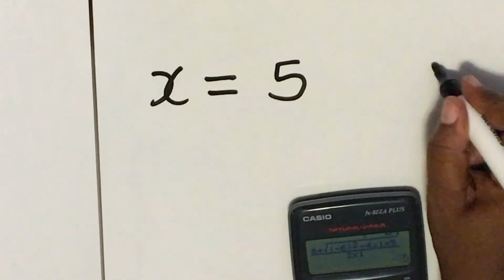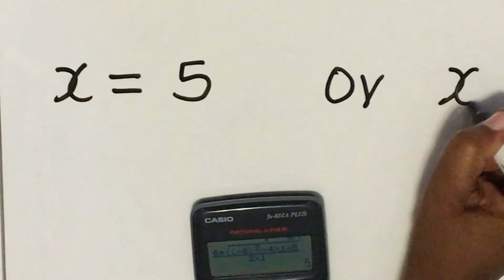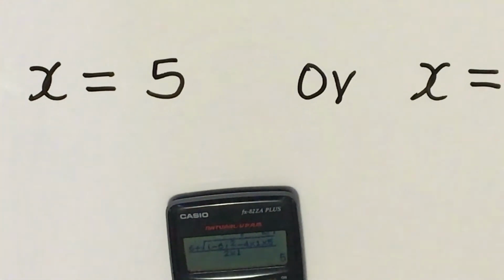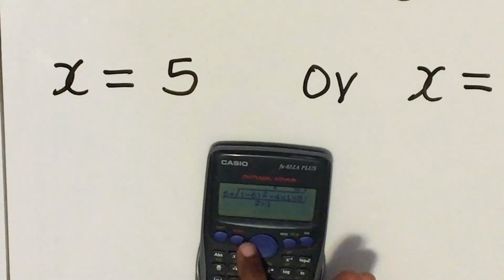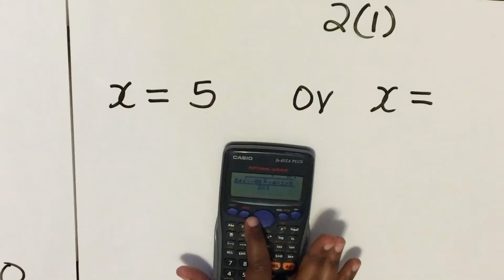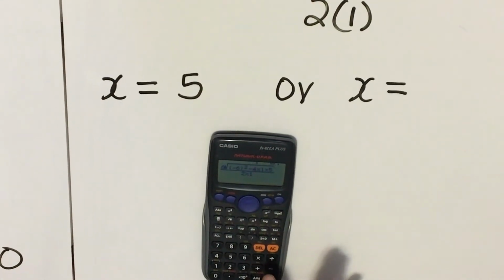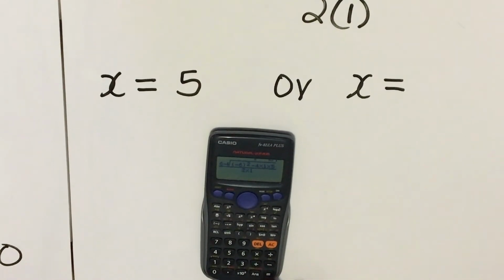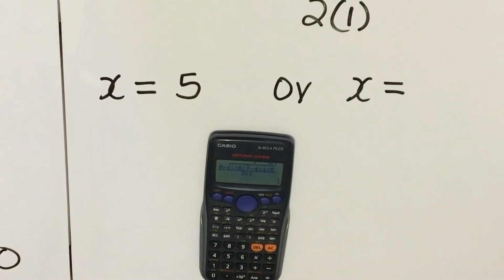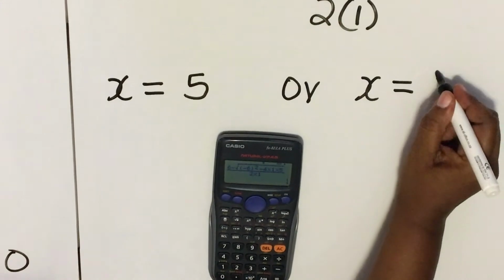Then for the other one, you go back with your arrow to where you got a plus. You delete it, you write a minus, then you press equals, then the other x is 1.